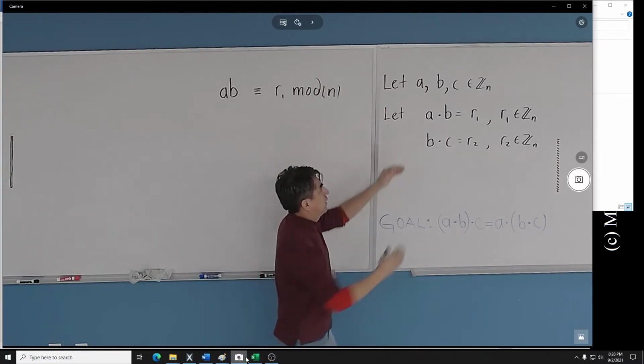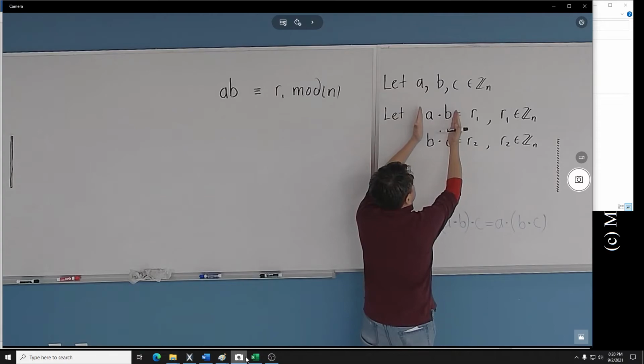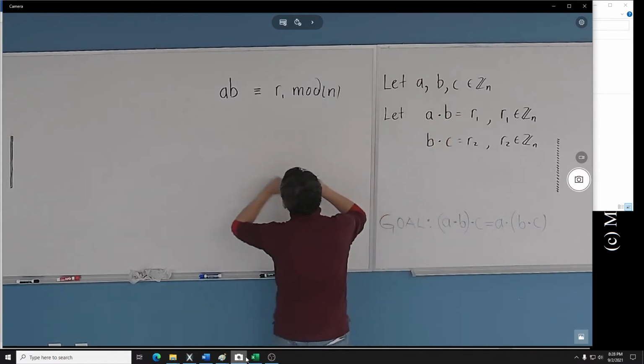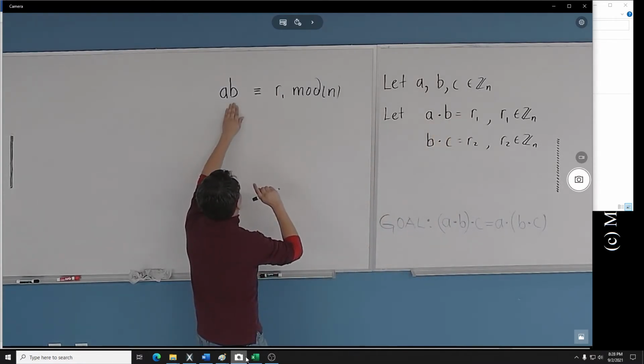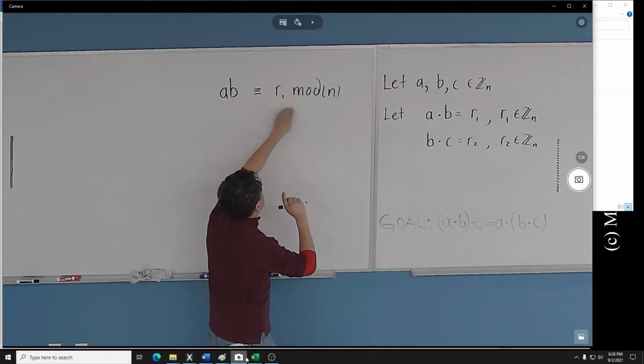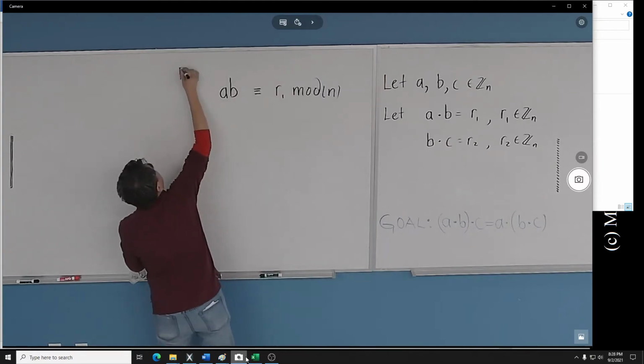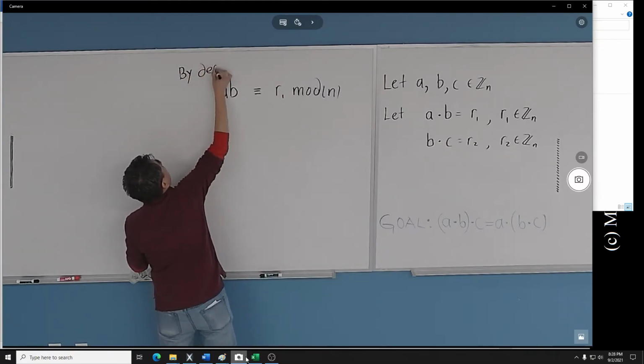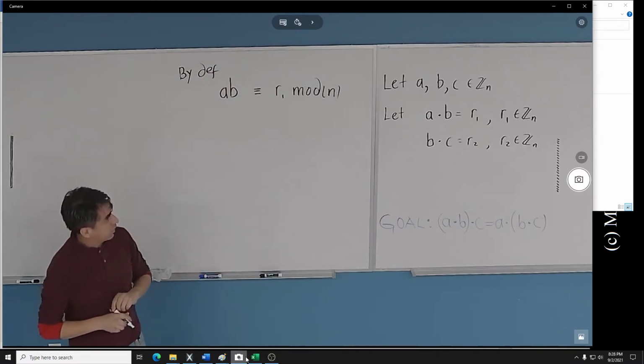Let me repeat. This is a product modulo n. What is the meaning of this product? It means that A multiplied by B is congruent to R1 modulo n. So this is by definition of multiplication modulo n.